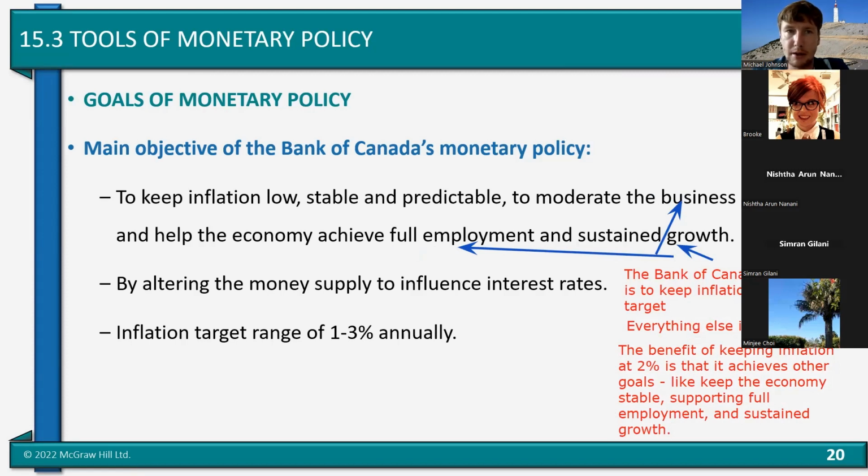It's a great thing that they do, because it helps moderate the business cycle and helps the economy achieve full employment and sustained growth. As long as they keep inflation near 2%, the economy is going to be okay. That's why their main goal is to keep inflation at 2%, because it leads to all these other good things. That's the best rate of inflation to keep the economy good, basically.